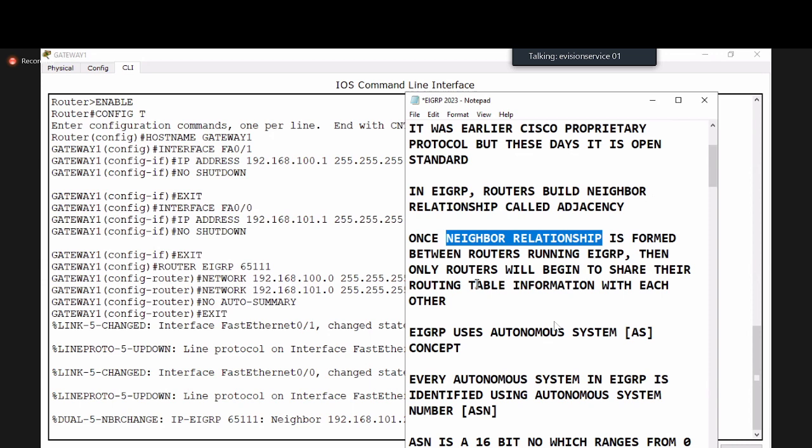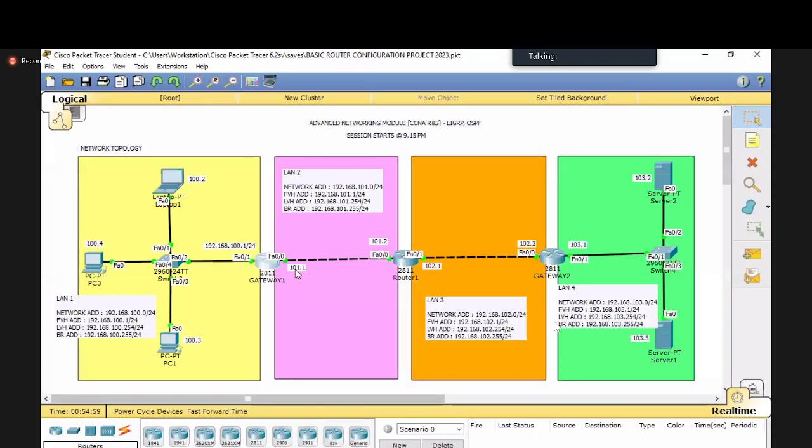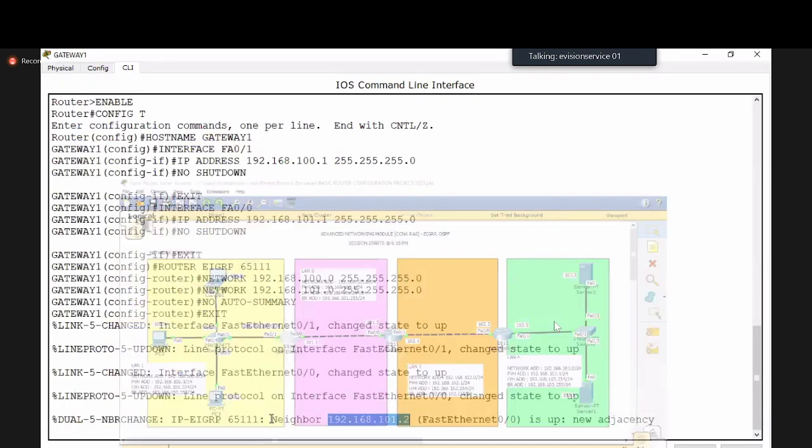Neighbor relationship is called adjacency. And who is your neighbor? 101.2. Which router is this? Router 1. This is router 1 IP, right? This is 101.1, this is 101.2, router 1. So that is your neighbor.